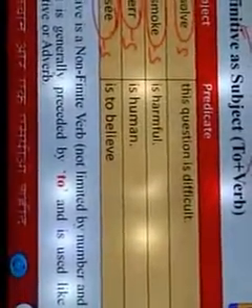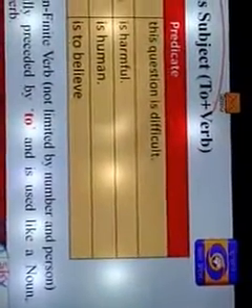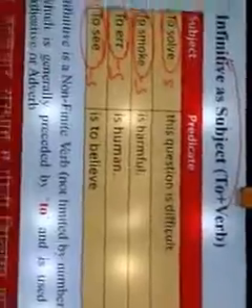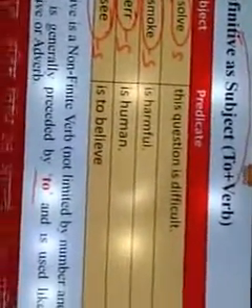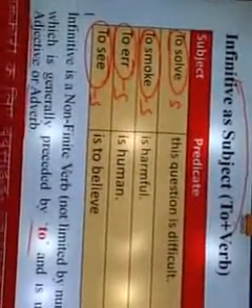Infinitive is a non-finite verb. Non-finite means not limited by number or person, any noun or pronoun. This we will deal with in your next chapter. This is generally preceded by to. We place to before the verb and it is used like a noun, adjective or adverb.